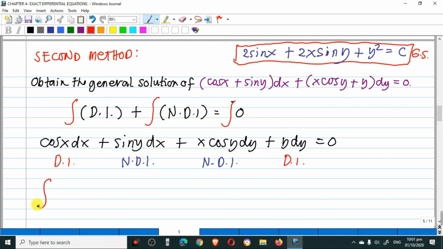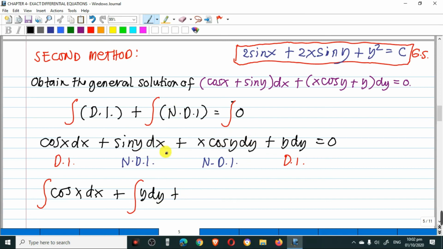So let us write it down. So the integral of all direct integrable terms, which is cosine of x dx, plus another direct integrable term, which is y dy, plus select only one non-direct integrable term because the dx is only 1, the dy is only 1.